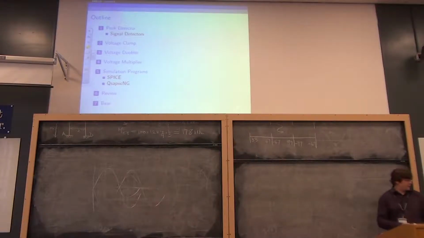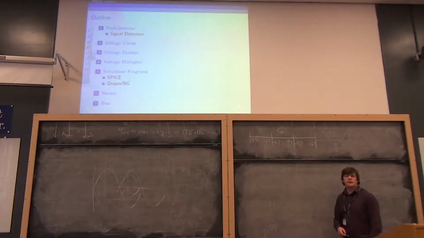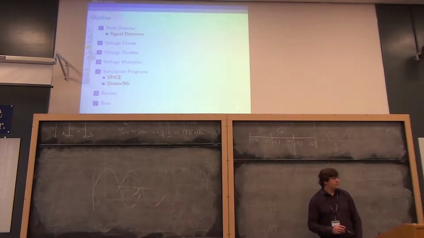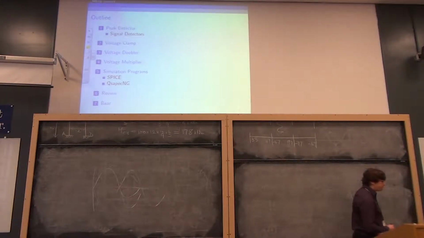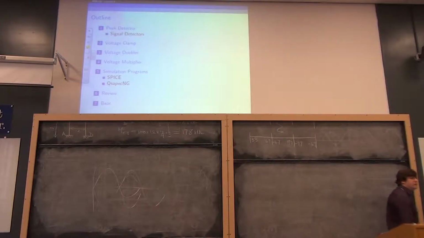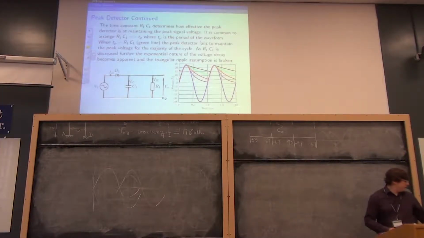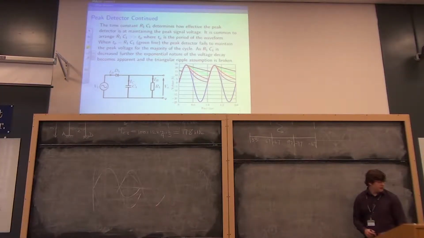In fact, then I'll go on to a combination of the peak detector and the clamp, which are used to make a circuit which doubles its input voltage. And then we'll generalise that into a circuit which will make any required voltage from any given input voltage with a series of clamps and peak detectors. And then I've got a bit to say about the simulation of circuits using computers, and then that'll be it for 5.